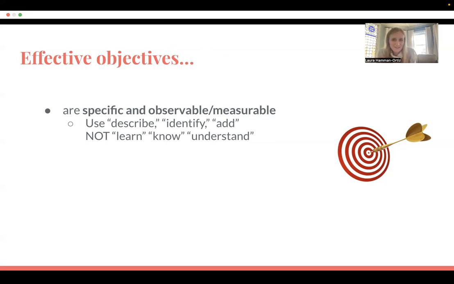What is it that I'm trying to see if they understand? And if I say identify the causes, then I know they're identifying, or they're describing it, or they're comparing, right? So being really specific about what it is that you want students to be able to do allows you to better observe and measure if they actually were able to do that.